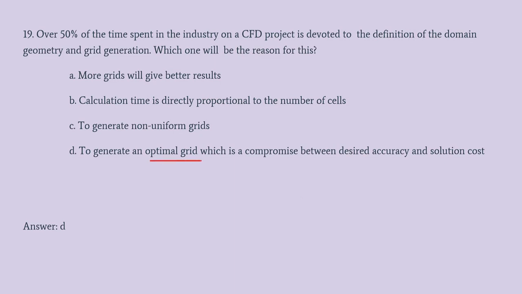We check for different values with changing sizes of grids, and once we come to a grid where the desired value is not changing while we are changing the grid spacing, that is our optimal grid.